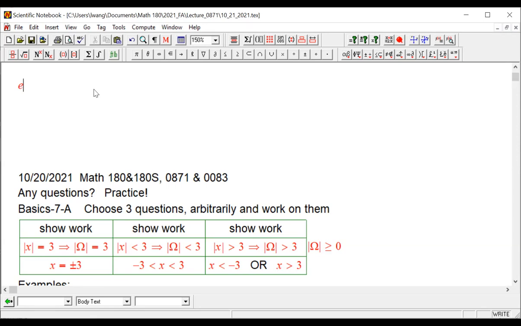You're not going to have exactly the same questions as in basics 4, 5, 6, 7. But the tools that we use to apply to those questions will be covered, which were covered in earlier weeks of the semester.